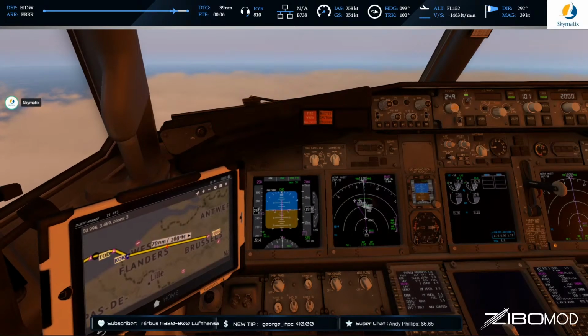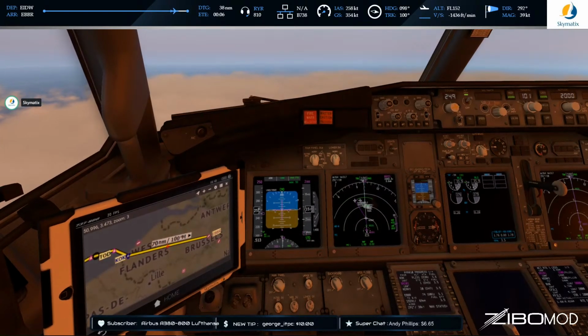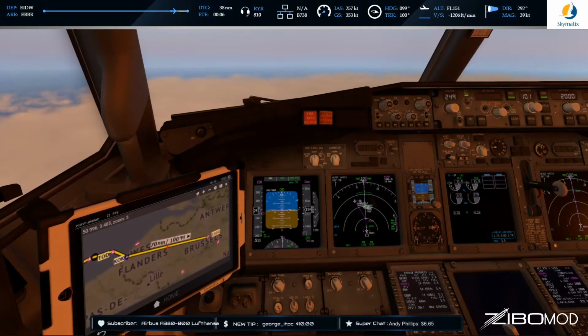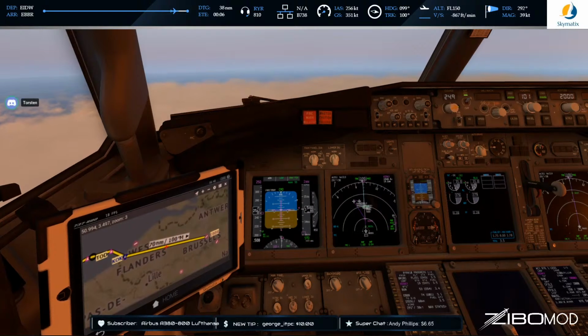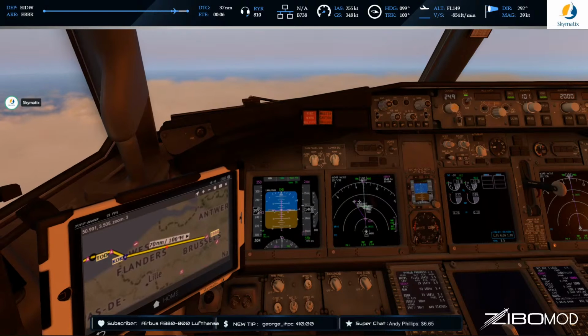Why would you set up a tower frequency on Unicom? Even though that is even possible. Exactly. This guy's got his tower frequency on Unicom 132.8.